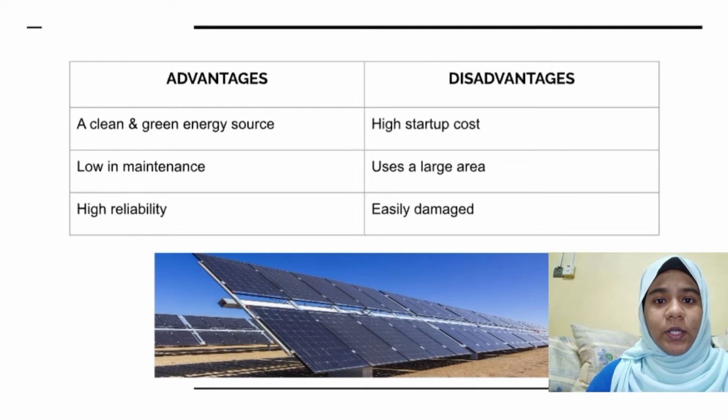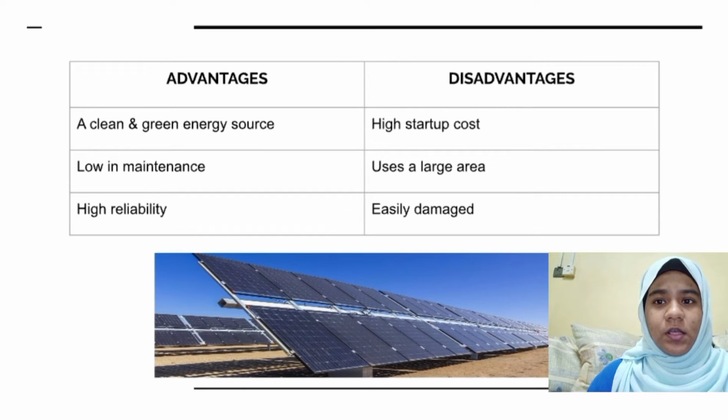Assalamualaikum warahmatullahi wabarakatuh. I'm Nurin Zulaika and today I'm going to present about the disadvantages and also the advantages. So first, for photovoltaic cell, the advantages are a clean and green energy source. So we do not need to worry about the panels generating any harmful greenhouse gases into the air.